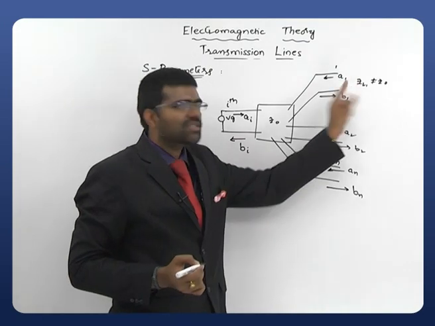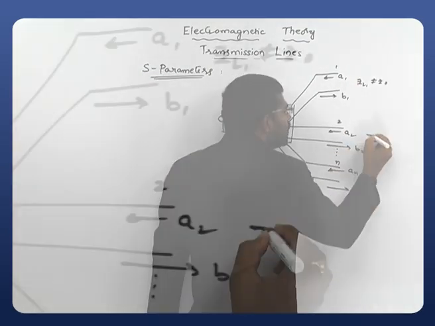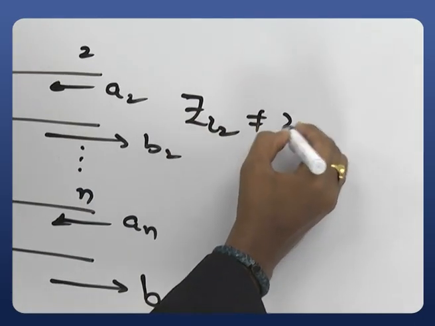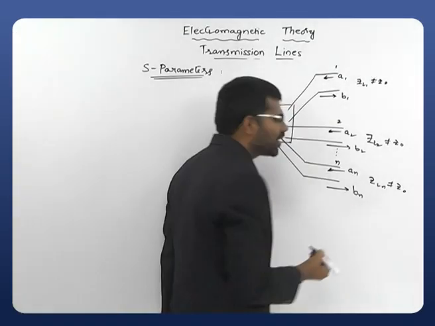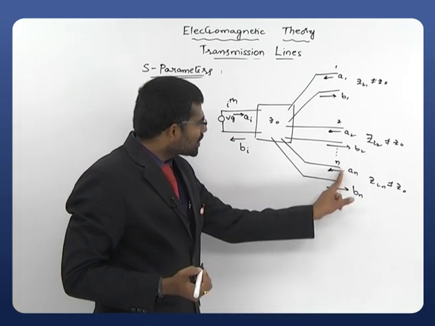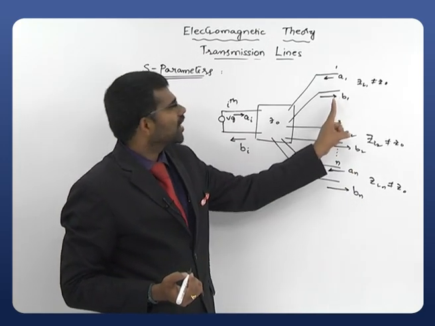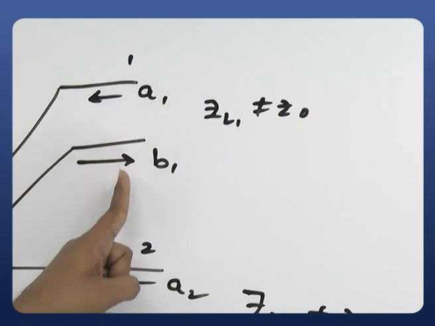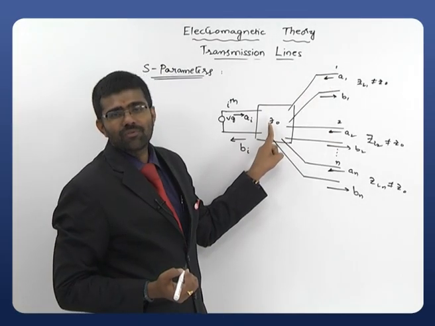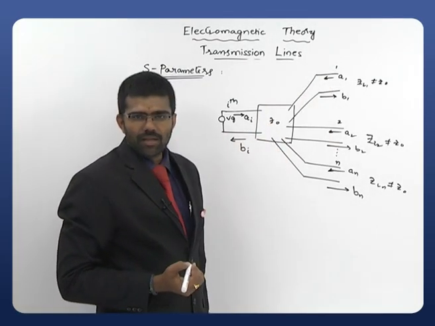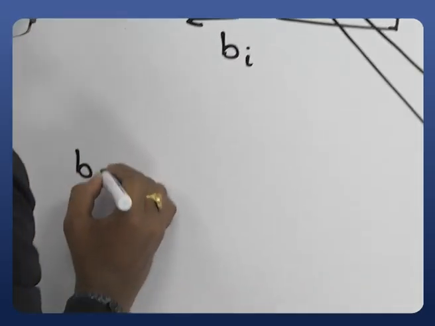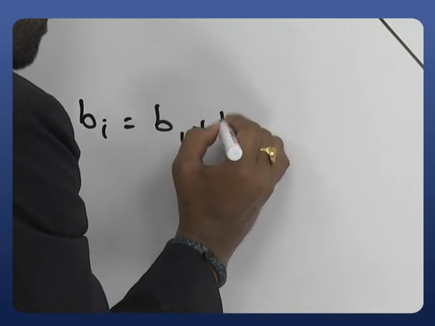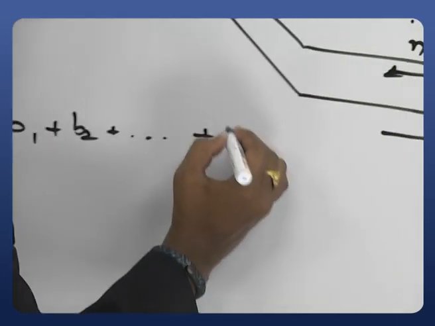Here also, if ZL2 is not equal to Z0, reflection will be there. If ZLn is not equal to Z0, definitely reflection will be there. When the load connected at the end of our ports is not equal to the characteristic impedance, this reflection will be considered for the calculation of our Bi. So a simple linear equation can be written like this: Bi is equal to B1 plus B2 up to plus Bn.